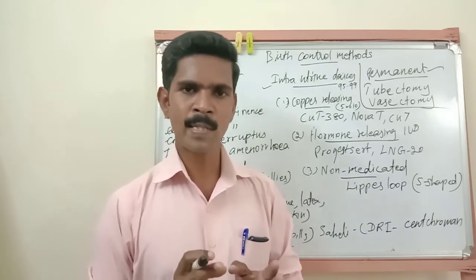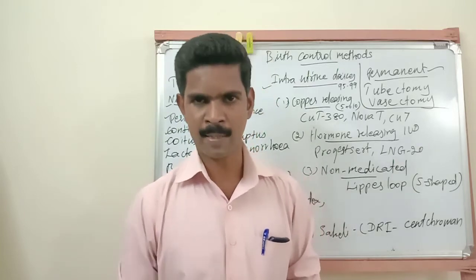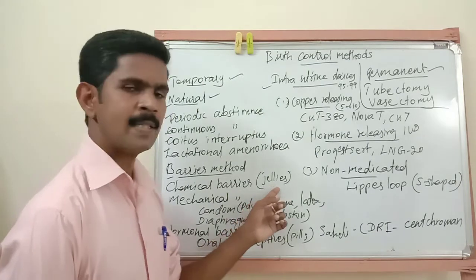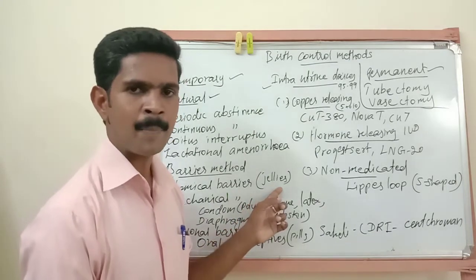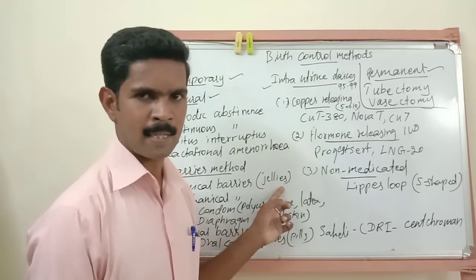So by using some chemicals, the pregnancy or the fertilization process is prevented. This method is called the chemical barrier method. Here I have written only jellies. Some people use jelly, some use cream, some use tablets to avoid pregnancy.